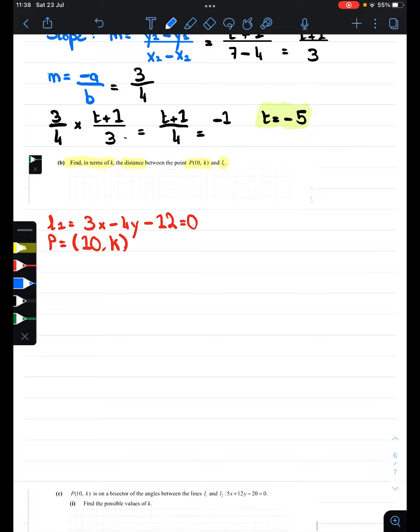All right, and we actually have a formula for the distance from a point to a line. Remember, log tables is your absolute best friend. So let's write down that formula. It's the magnitude of ax1 plus by1 plus c over the square root of a squared plus b squared.